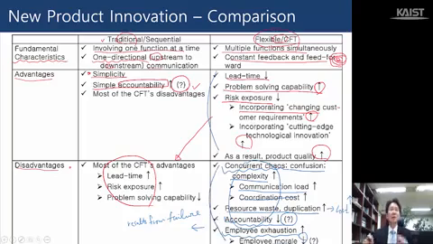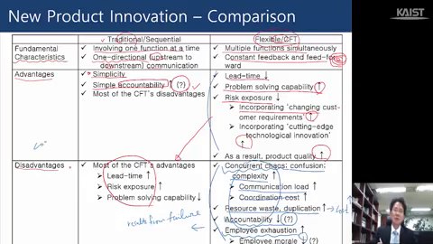So whenever the company has to decide whether it should adopt flexible approaches or traditional approaches, the company must compare cost and benefit, disadvantages and advantages.